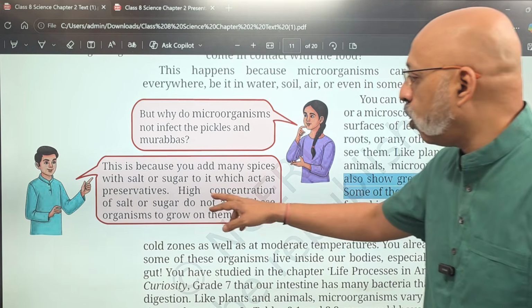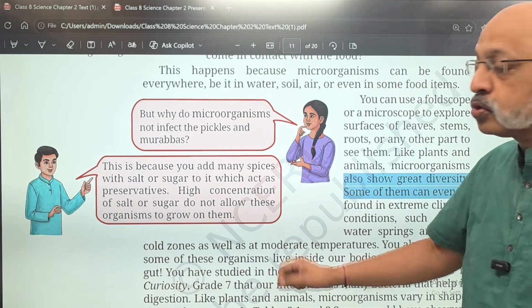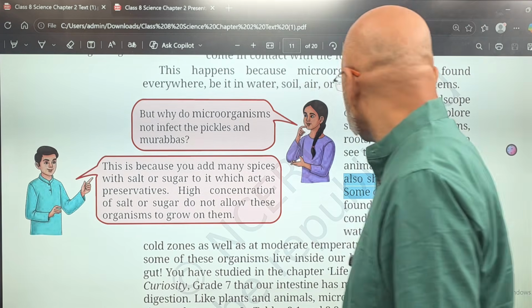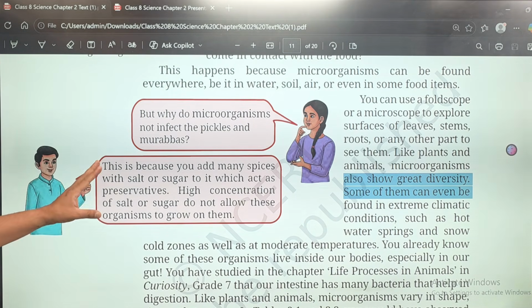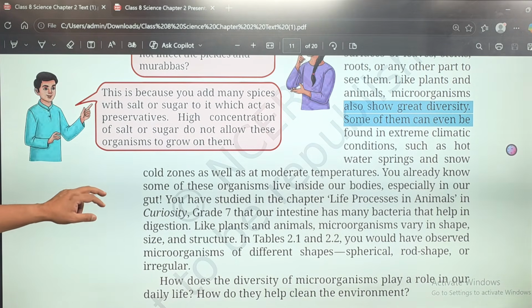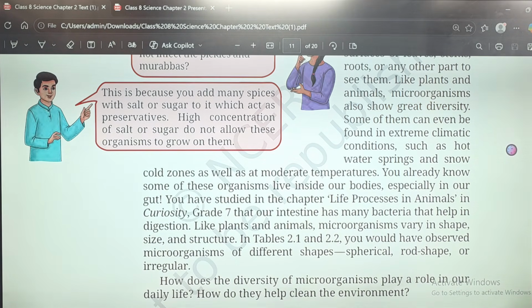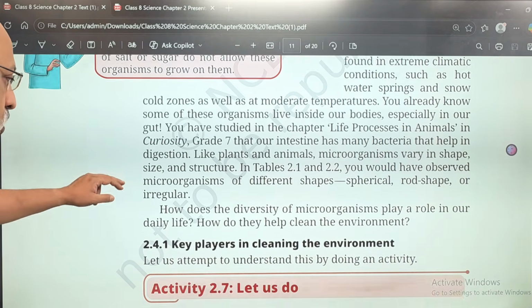High concentration of salt or sugar do not allow these microorganisms to grow on them. So that is an interesting question, which you can also get as a 1 mark or a 2 mark reasoning question. I will make those test papers which will really help you understand and be able to answer many such interesting reasoning questions. All this we've already studied, so I will not go through that.